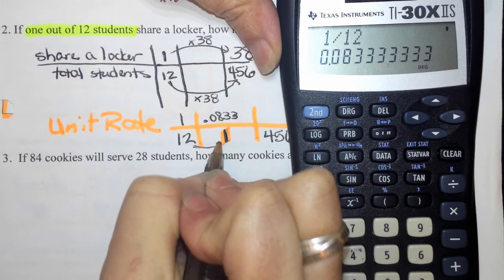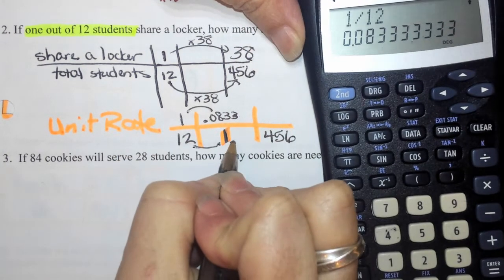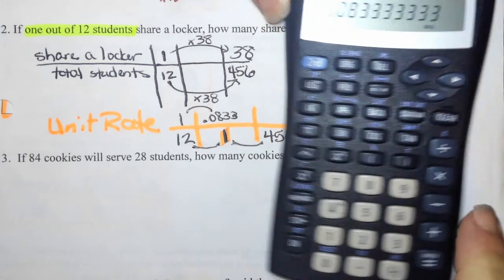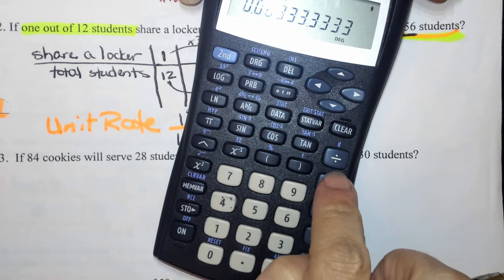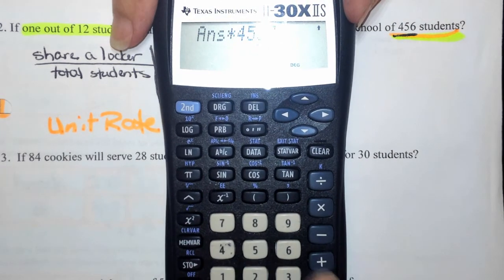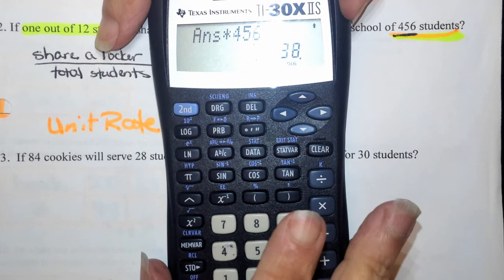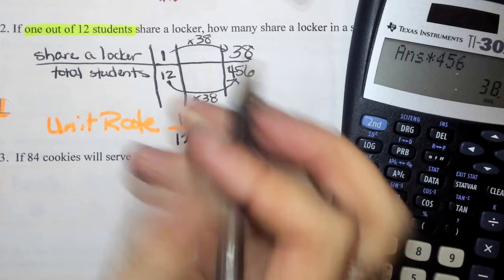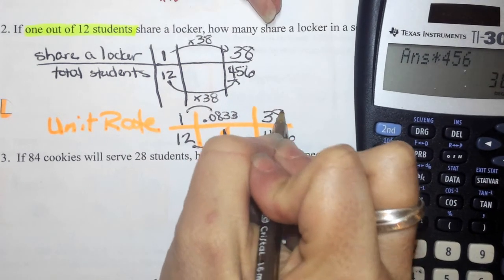I divided by 12 to get here. What do I do to get here? Multiply. Times 456, right? So if I just take that ugly decimal and I do times 456, do I get what everybody else is getting? 38. When I did that, I got some real weird long number.